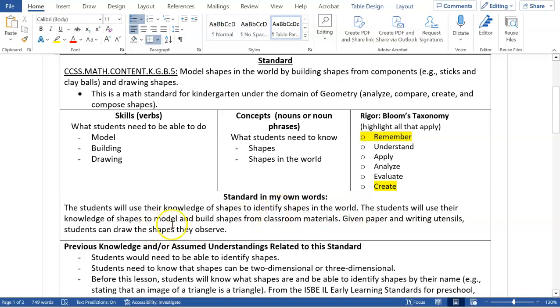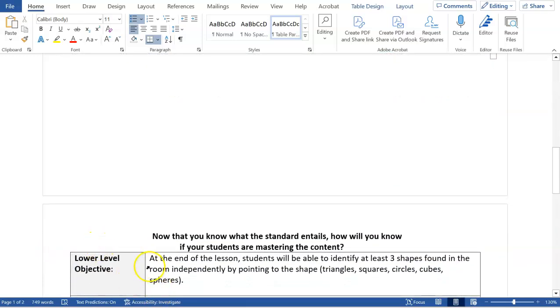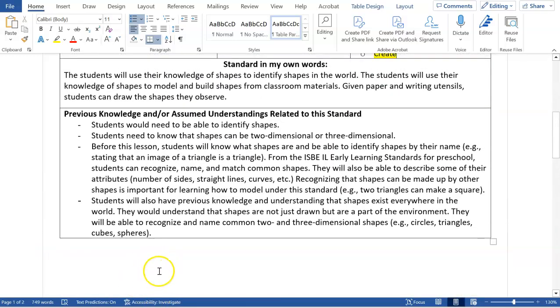They'll be able to build shapes with materials from the classroom. They'll be able to draw shapes that they see in the classroom. So this is just breaking it down, and this will help you when you think about the objectives that you want to write later.